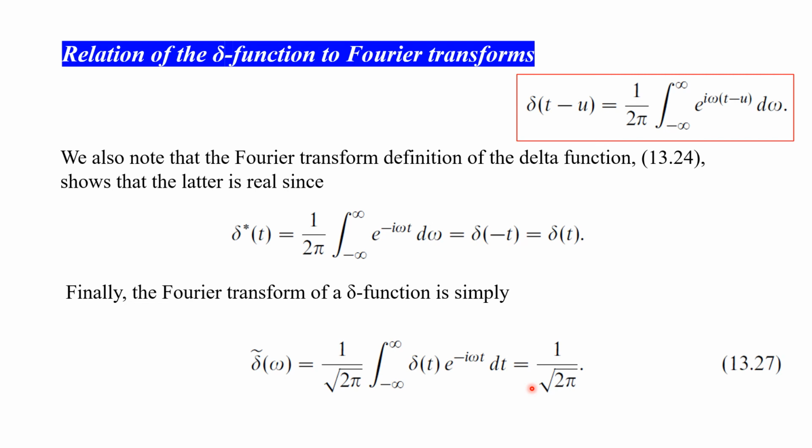But again, remember that your delta of negative t is just equal to your delta of t. And finally, the Fourier transform of a delta function is just simply this one here. The Fourier transform of your delta function, delta of omega, is equal to 1 over square root of 2 pi. So this is just the Fourier transform of your Dirac delta function.